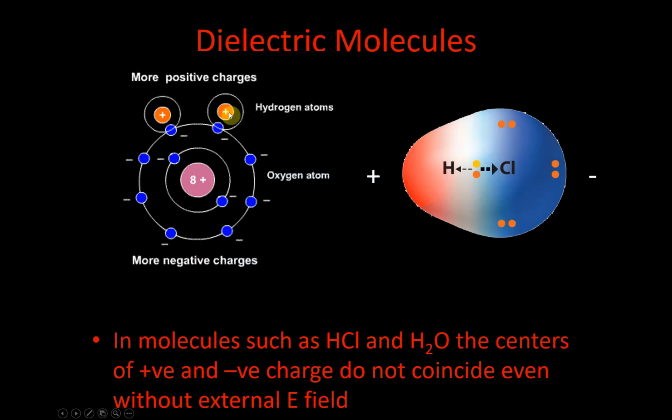This is basically H2O, so this is water here, and this is HCl, hydrogen chloride. In molecules like this, the centers of the positive and negative charge don't coincide even when you don't put them in an electric field. If you put them in an electric field, they'll be heavily influenced by that electric field and probably experience a movement or a torque.